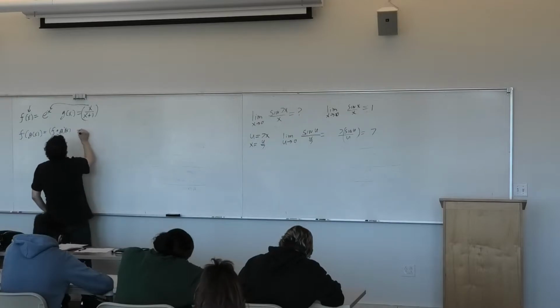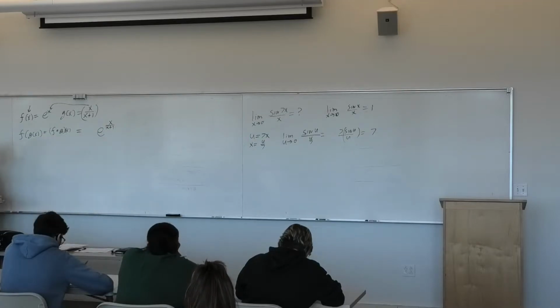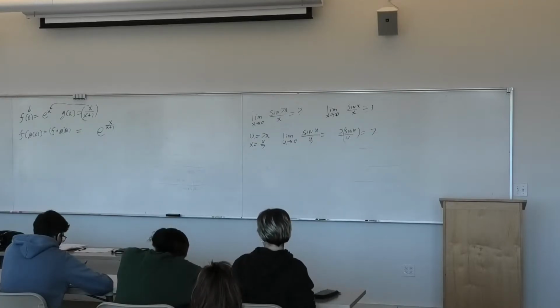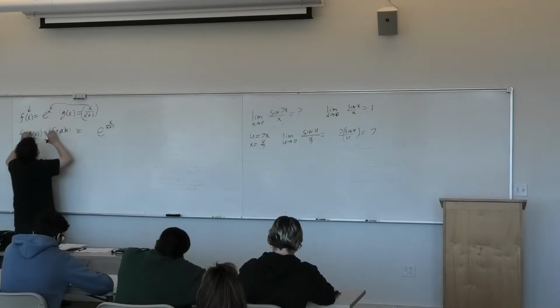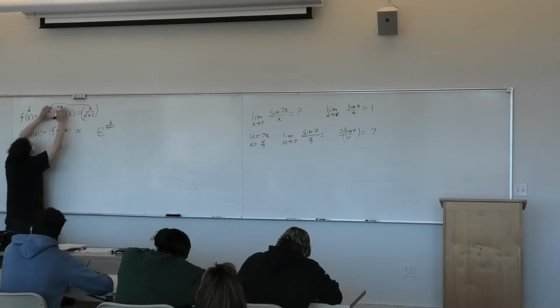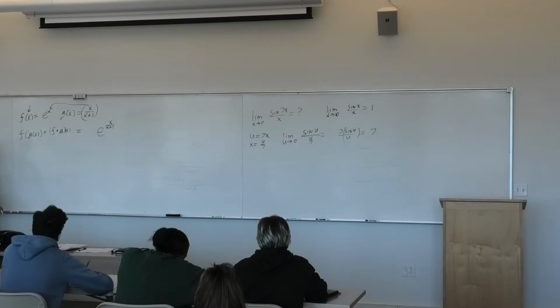What we get is e to the x over x plus 1. If you have trouble with composition, try and let that sink in. This is my g of x, which is in here, right? I'm going to grab it, pull it over, and stick it wherever there's an x. All right.